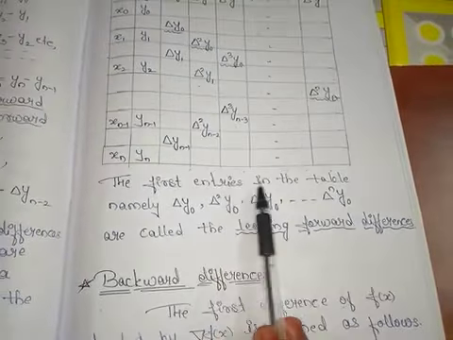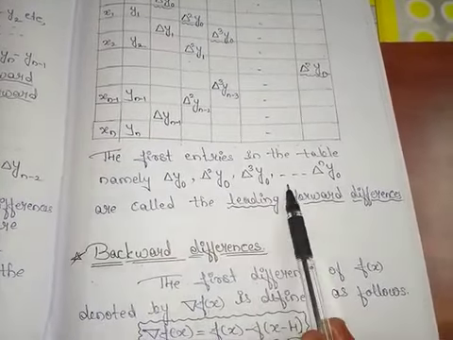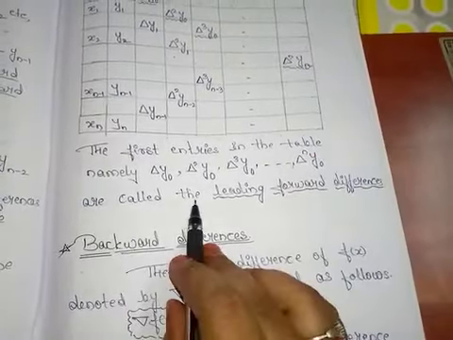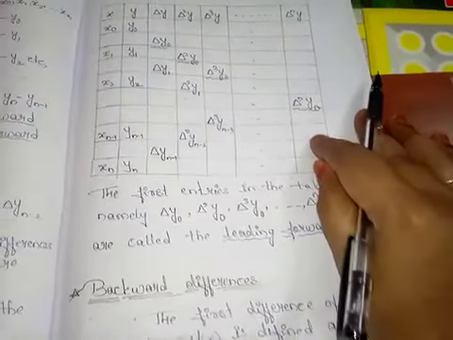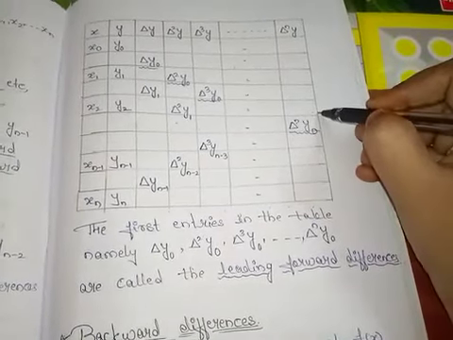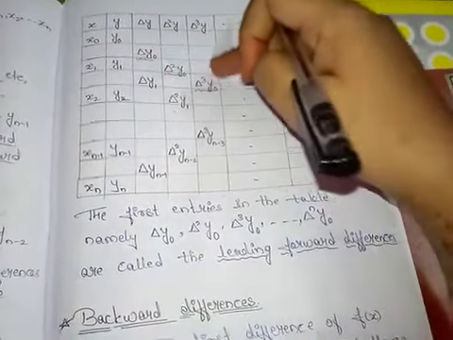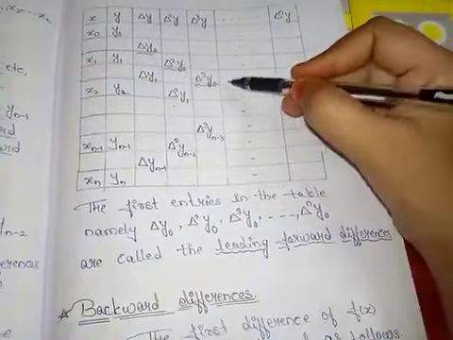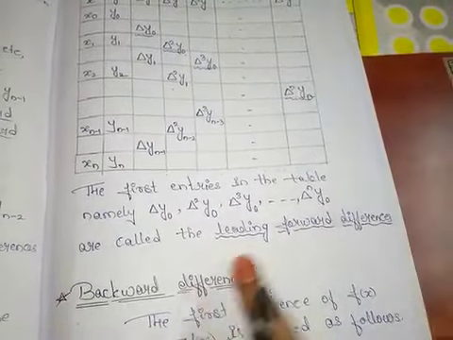The first entries in the table, namely delta y0, delta square y0, delta cube y0 and so on to delta raised to n y0, are called the leading forward differences. We have two tables here, forward and backward, and this is called the forward difference table. In the forward difference table, the first entries in the difference columns, delta y0, delta square y0, delta cube y0 and so on to delta raised to n y0, are called what?